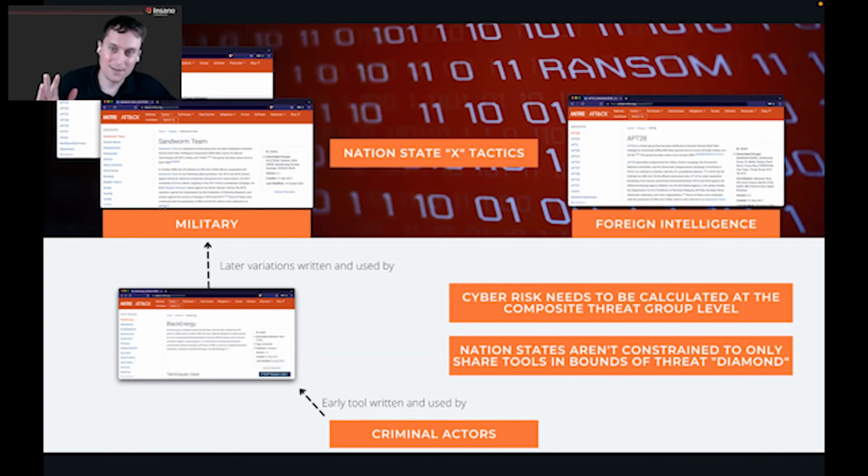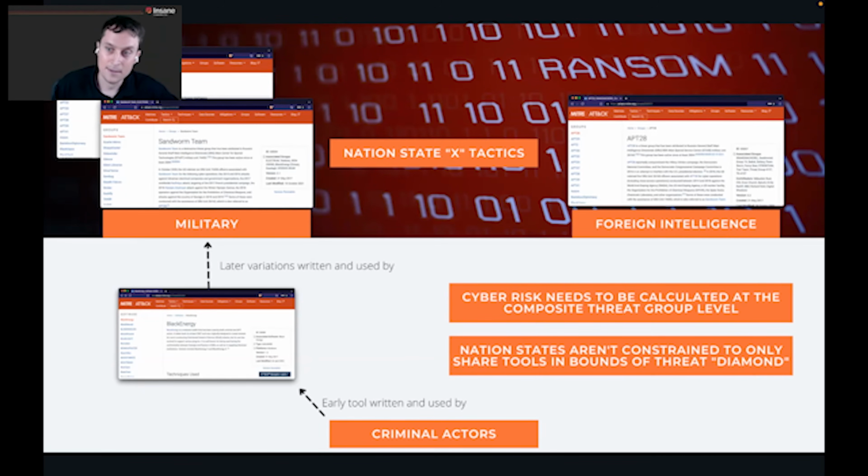If we look at this nation state in this example, you have different groups, which have different attributions, maybe to different military units. This is a byproduct of things like the diamond model and other current threat intel approaches that cluster activities down to groups. We'll talk about the diamond model in a little bit.